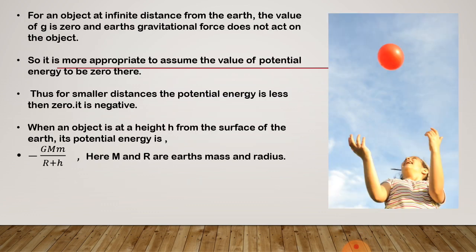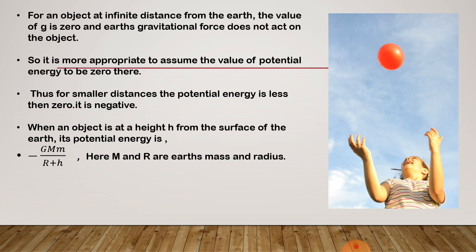For an object at infinite distance from the earth, the value of g is 0 and the earth's gravitational force does not act on that object. What do we mean by infinite distance? A very large height from the surface of the earth, where g is 0 and gravitational force does not act upon the object.